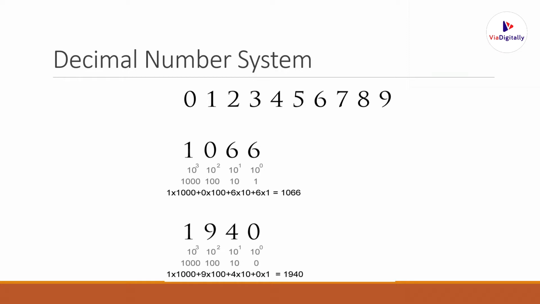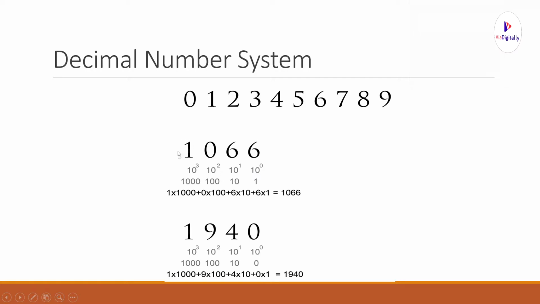In the given slide, I am giving you two examples, like 1066. How do I make 1066 in the decimal number system? The units place carries the place value 1, that is 10 power 0, the tens place is 10, that is 10 power 1, the hundreds place is 10 square, and the thousands place is 10 cube.